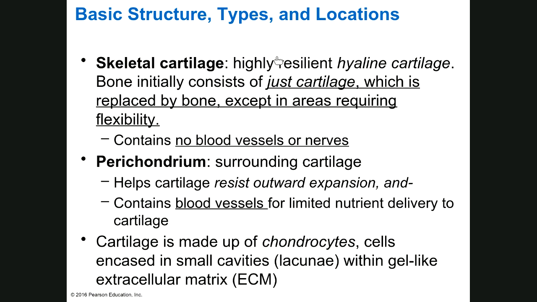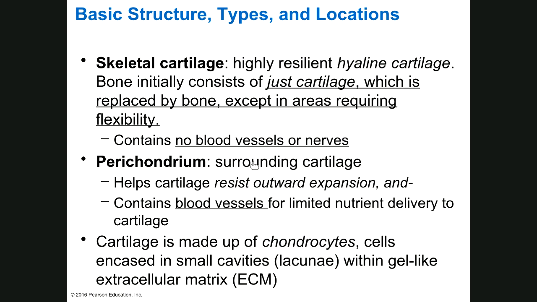Remember, cartilage, hyaline cartilage, is not vascular. It also does not contain a nerve supply. However, perichondrium, so peri meaning around, chondro meaning cartilage. So perichondrium is something that surrounds cartilage.